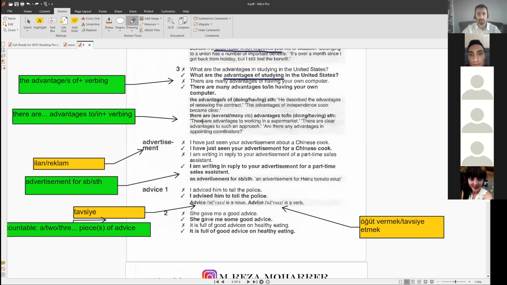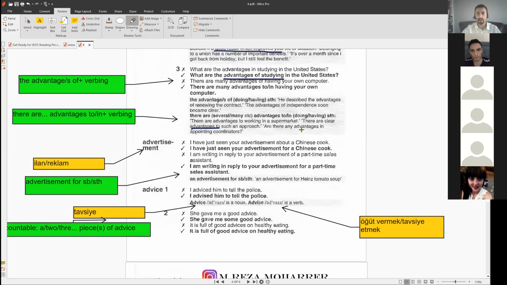This is one form. Another form, here we have, there are advantages to or in verb ing form, like this. Here in the example, let me show you. There are advantages to working in a supermarket. You see, there are advantages to working or in working in a supermarket. There are clear advantages to such an approach.